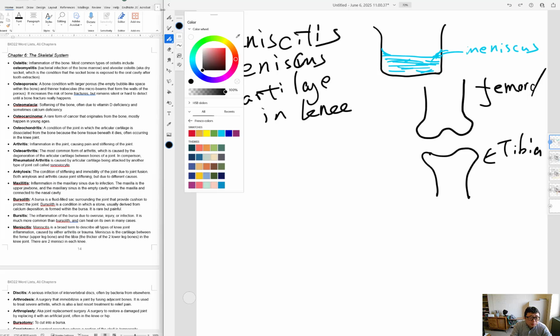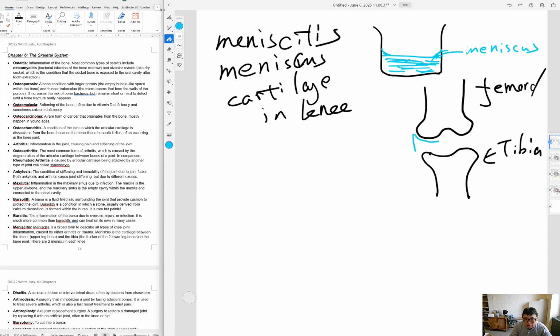In this case, you need a cartilage, and this cartilage is shaped like this. There are two menisci. See, it's a very similar shape. The edge is up and the center is down. So that's why these two cartilages are called menisci.